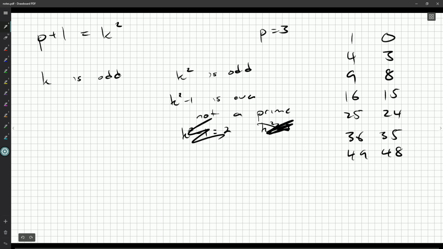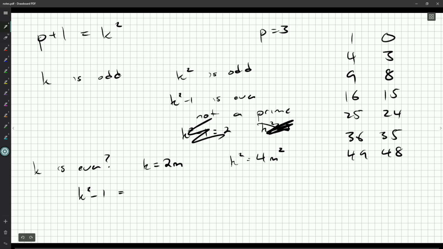So k can't be odd. Could k be even? Maybe write k as 2 times some number m. Then k squared is 4 times m squared.